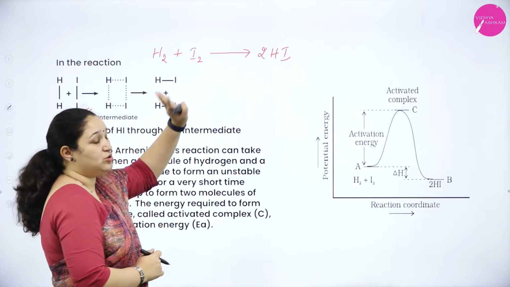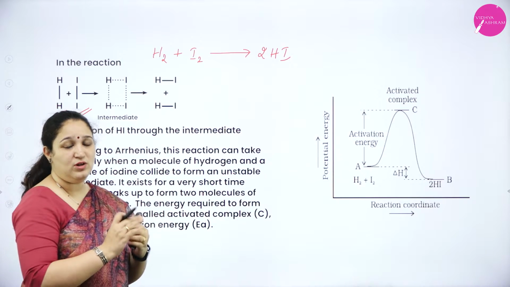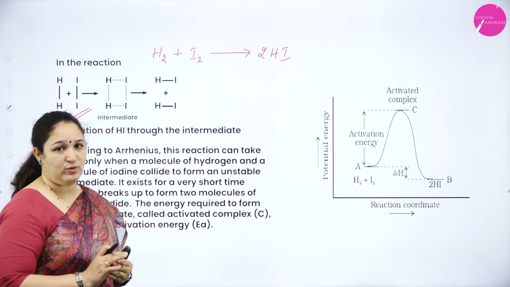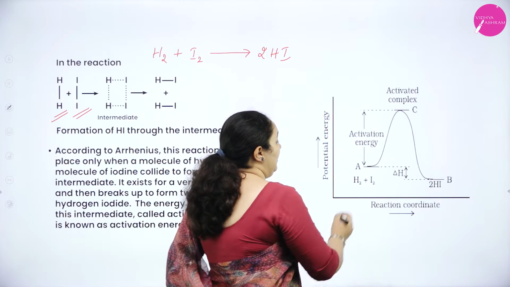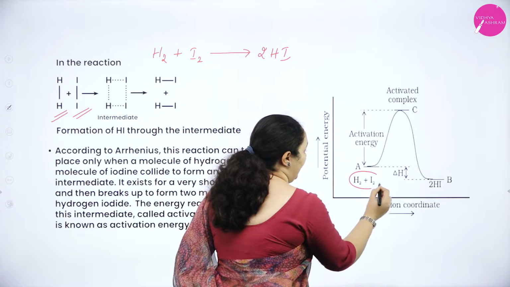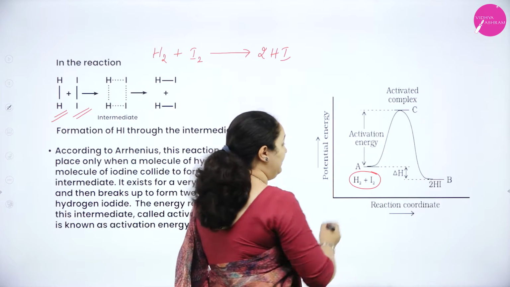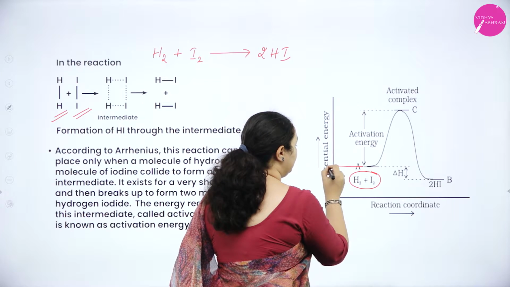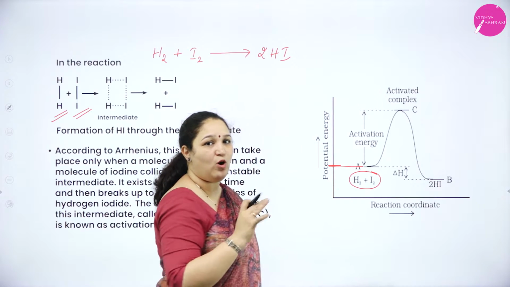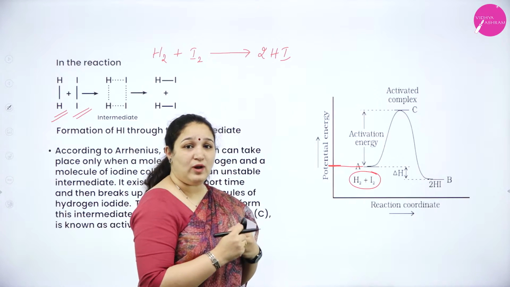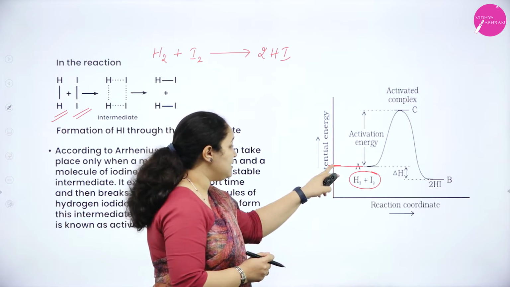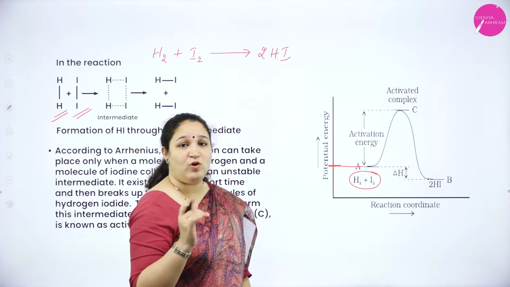Hydrogen molecule should collide with iodine molecule so that it will form hydrogen iodide. Now look at this graph. Okay. Now this is the reactant hydrogen and iodine, and they have the energy so much. Average energy of all the molecules are this. But when they collide with one another with this energy, they will not form products.